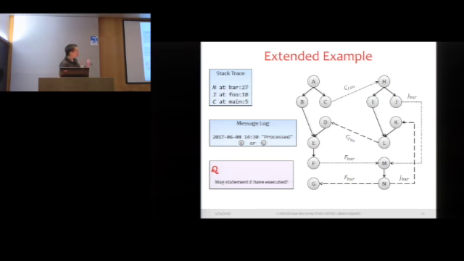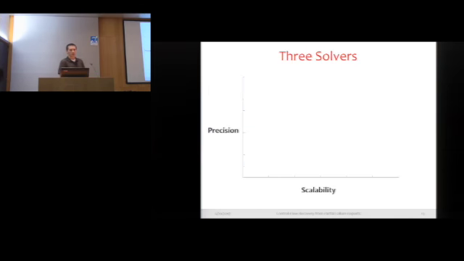Note that for this particular example, a precise analysis that can express calling context should answer impossible given the crashing stack context. There's no recursion and no loops in this example, so we must have crashed before ever executing statement E. Now we investigate three solvers that trade off precision and scalability in this space.